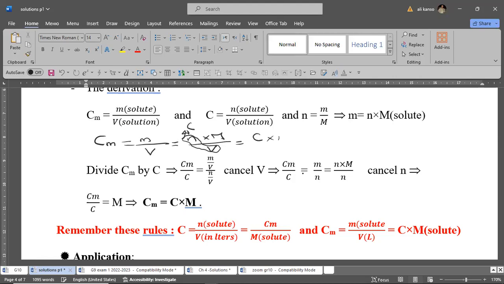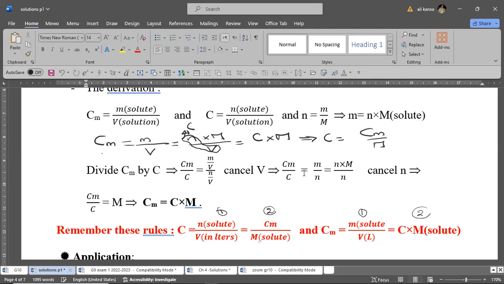Then C mass equals C times molar mass, and from this rule we can say C equals C mass divided by molar mass. Then we can write C equals N over V or C mass over molar mass. This is the first rule, and this is the second rule.